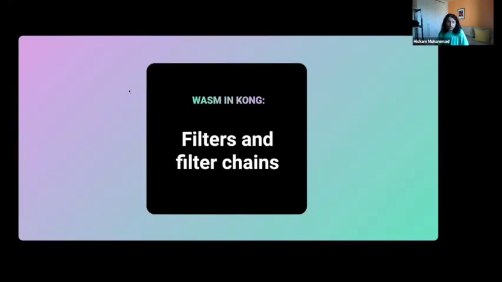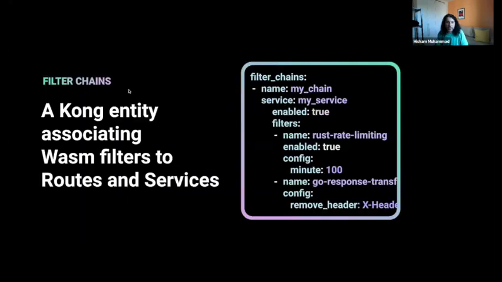Yeah. So how that fits in the gateway is through the idea of filters, which we talked about, and also the concept of filter chains, which are the new Kong entity that are your interface for integrating filters to your routes and services. Next slide. Yeah.